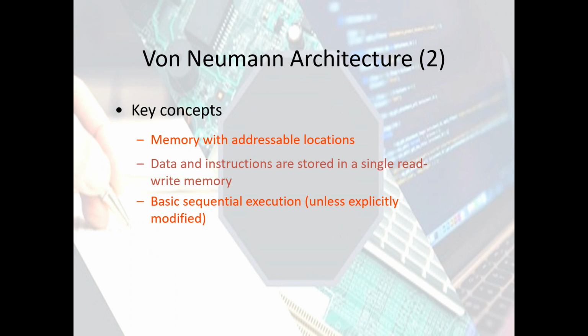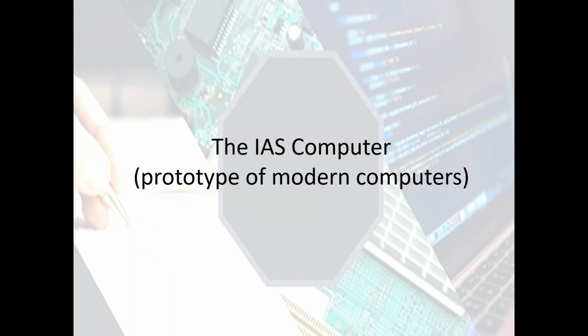Von Neumann architecture forms the basis for most general-purpose computers, emphasizing the sequential execution of instructions and the shared use of memory for both data and program storage. The IAS computer, designed by John von Neumann and his colleagues at the Institute for Advanced Study in the late 1940s, is considered a prototype for modern computers.